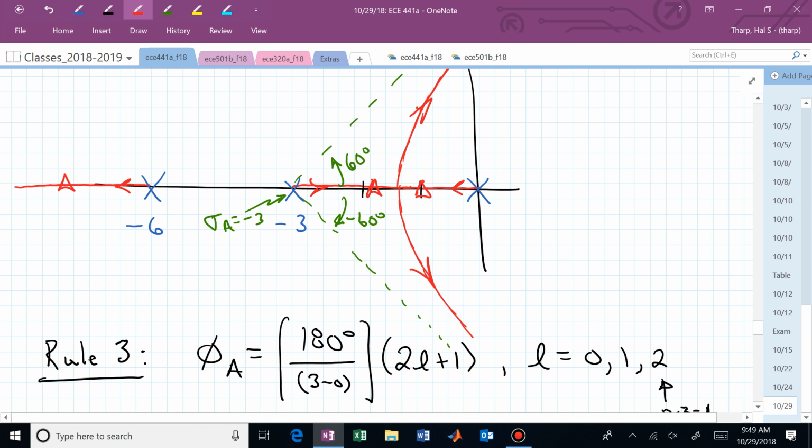But to obtain a k to get me to -1, do you see that I simply have to evaluate that k function when s is equal to -1, and that will be the k that I need to give me my closed loop pole at -1. My other two closed loop poles will be between -3 and -1.3, and somewhere to the left of -6.